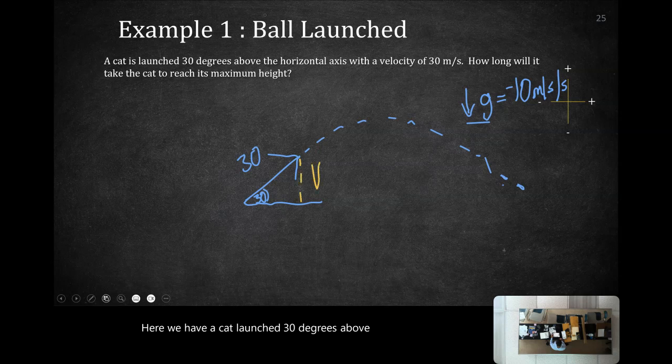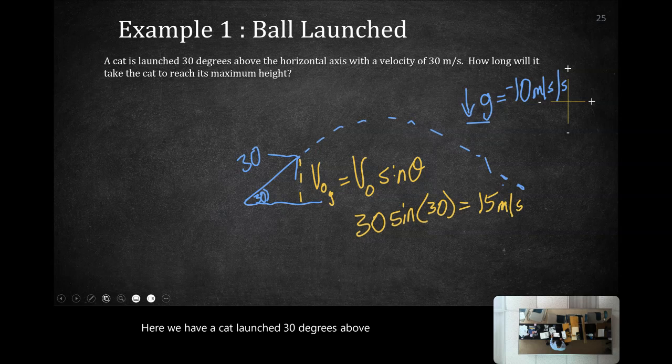And I know that whenever I'm dealing with vectors at an angle and I'm looking for the vertical direction, I can just use my hypotenuse times the sine of the angle. My hypotenuse in this case is 30 times sine 30. When I plug that into my calculator, in degrees, I get 15 meters per second.